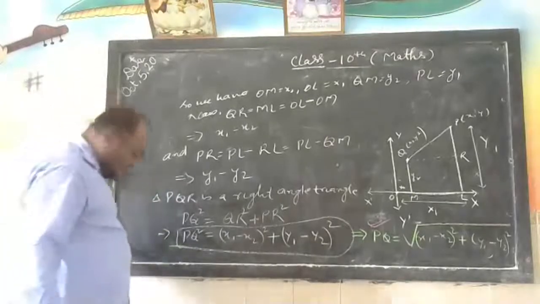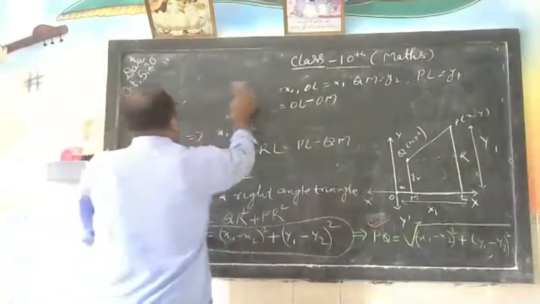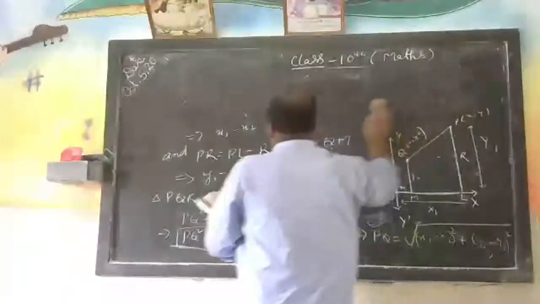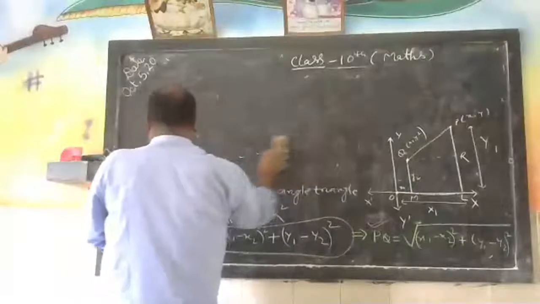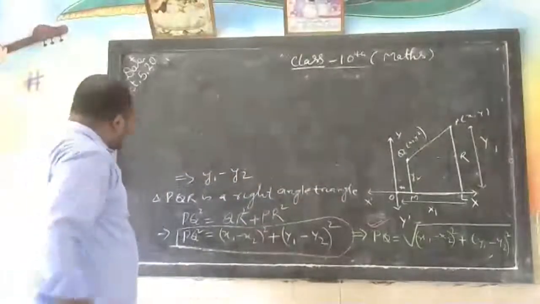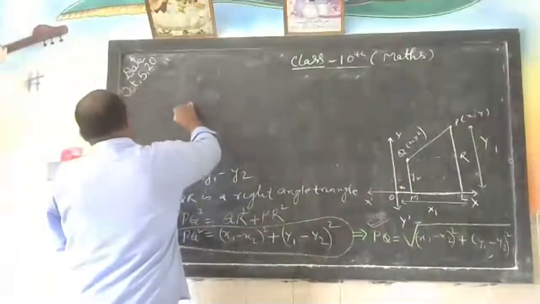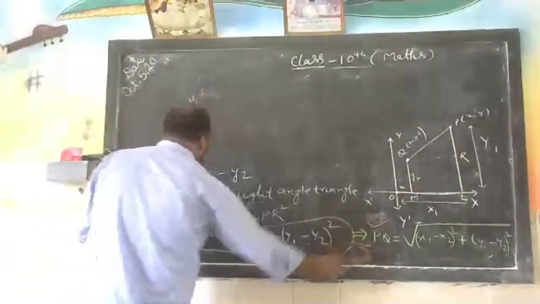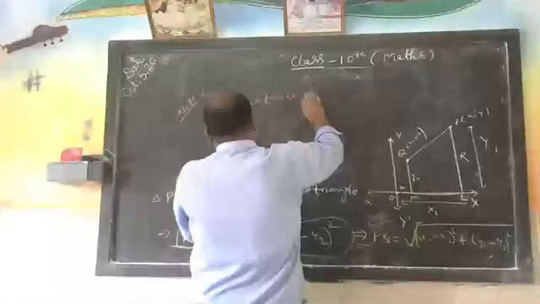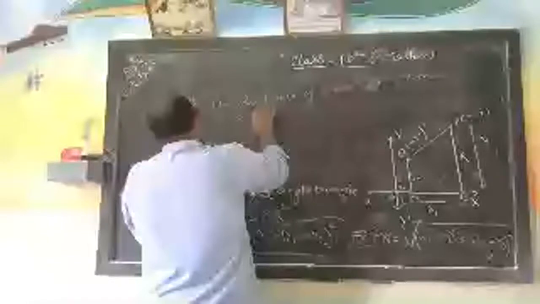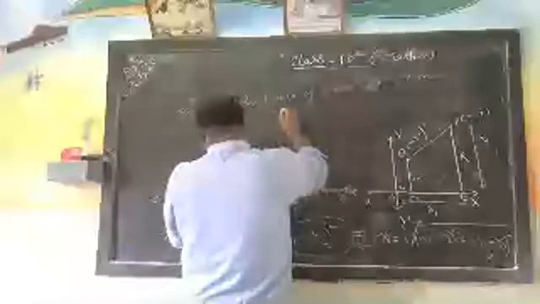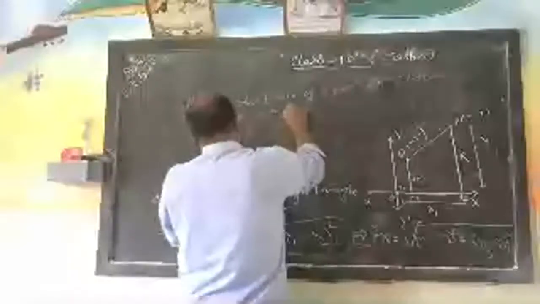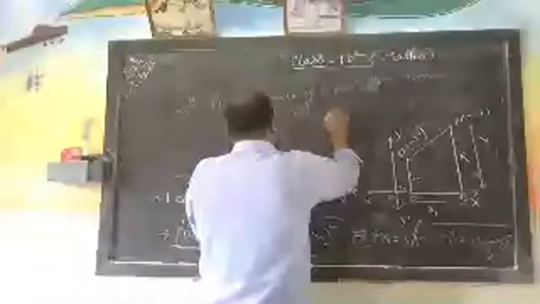Now there is one special condition. After this formula, there is a note: the distance is under root of x square plus y square.